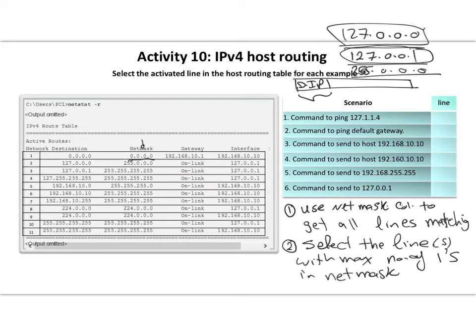This line indicates that the packet will stay on link and the interface is loopback, which means that it will not exit the host interface at all. So the packet will stay inside the host and not exit the output interface of that host.